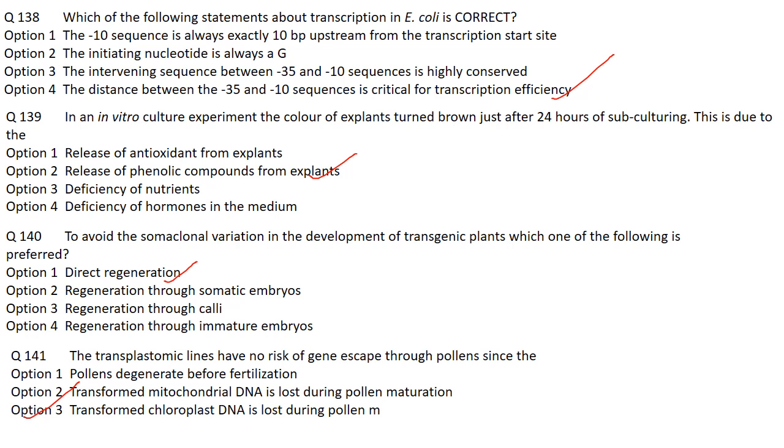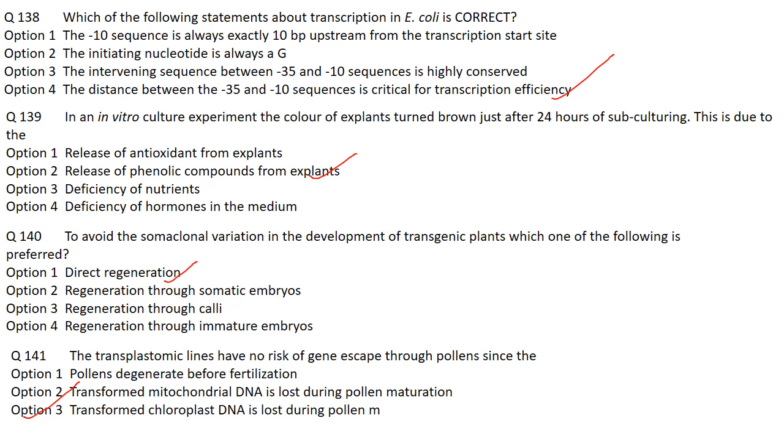The intervening sequence between -35 and -10 sequences is highly conserved. It is not the intervening sequence. The sequences CTTGAAA in the -35 region and CCCATNT in the -10 region are highly conserved.